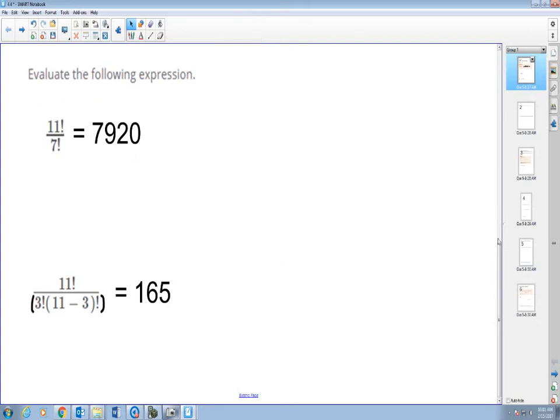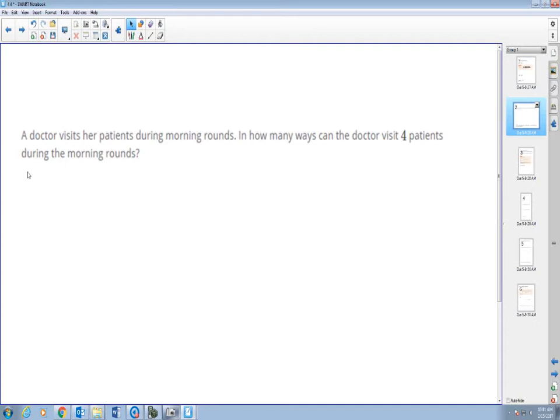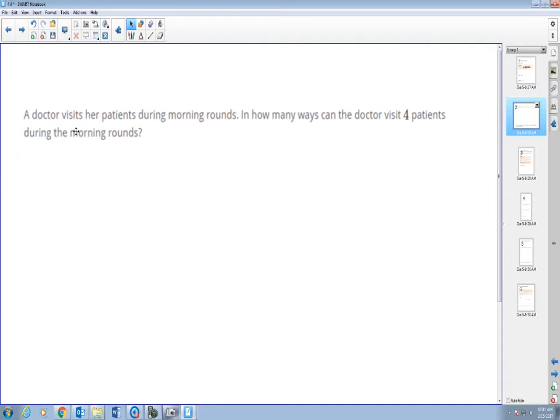Now, the way we look at factorial is this. It's a very interesting problem. A doctor visits her patients during morning rounds. In how many ways can the doctor visit the 4 patients during the morning round? Once this doctor visits 1 patient, she doesn't have to go back to that same patient during the rounds.